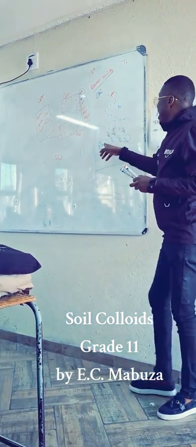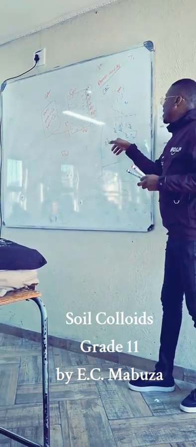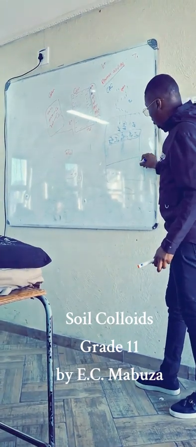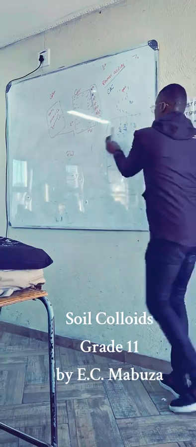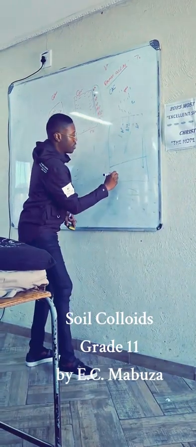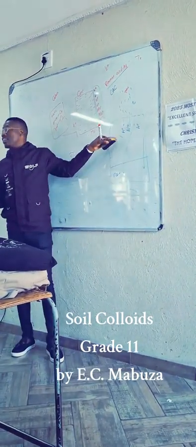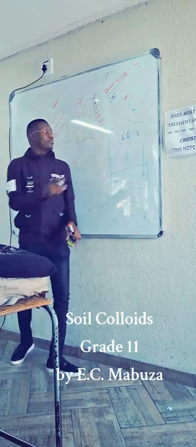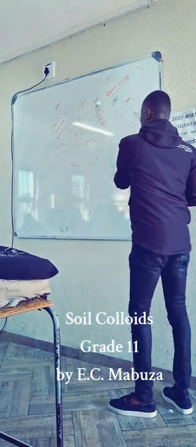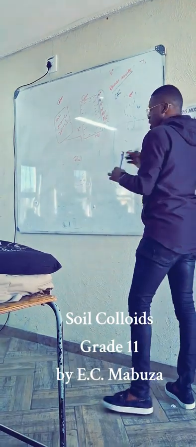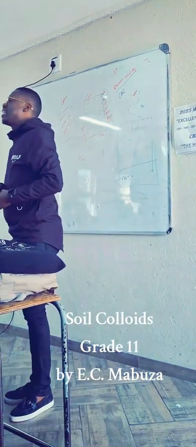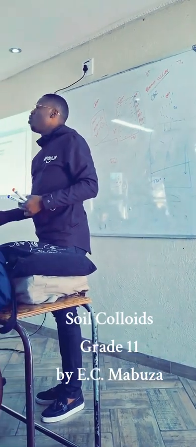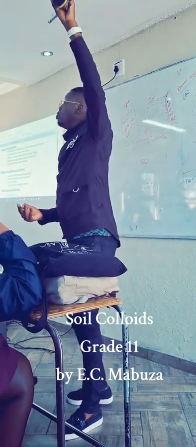Then suddenly, sodium, potassium, magnesium, calcium, and potassium leach. They are now down here. Only the acidic cations remain up there. Once the basic cations leach down into the base of the soil, the pH up there will change.